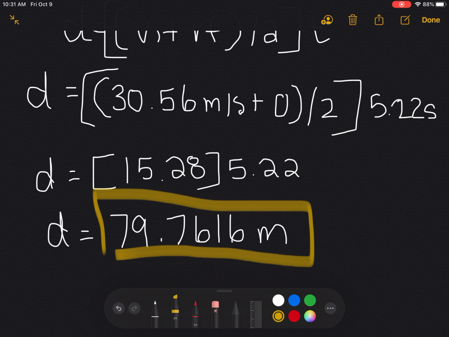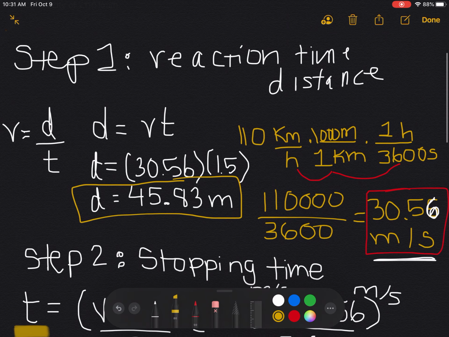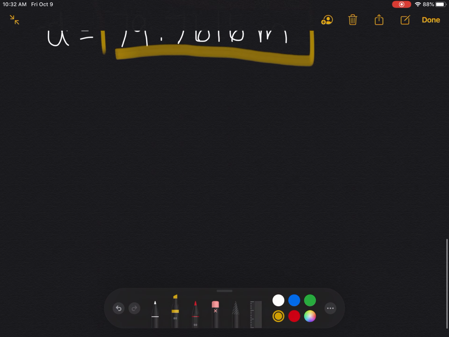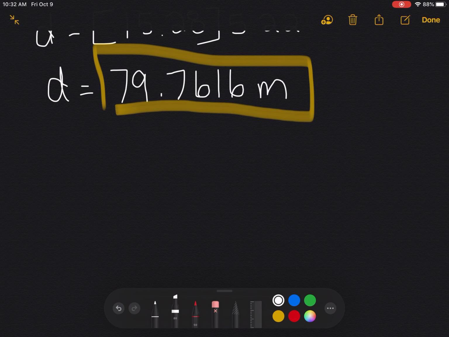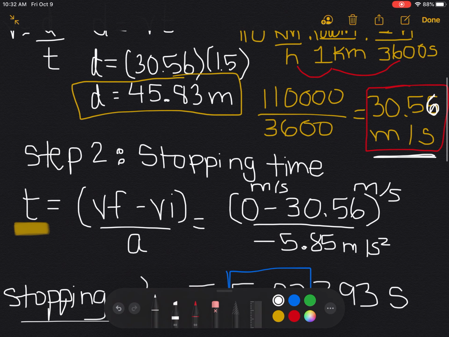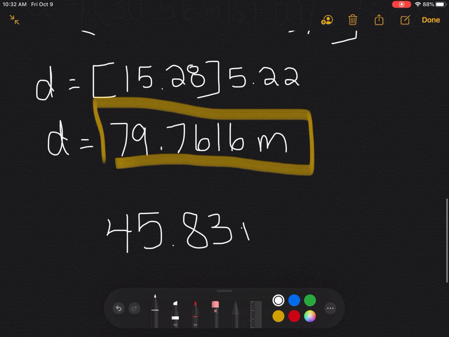Almost. Now we need to go back up here, find out our reaction time distance, which is 45.83, and then add these together. 45.83. Is that right? It is. So 45.83 plus, so I'm sorry, I should put step 4 is add.